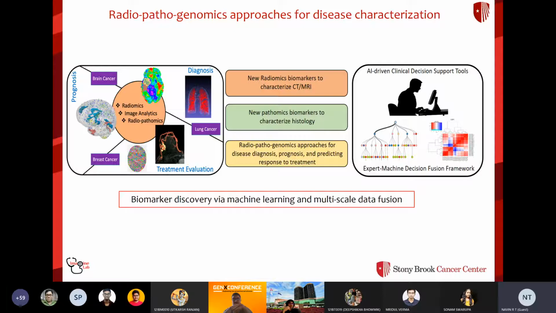Now, these approaches have been developed across domains, including brain, breast, and lung cancer, in the context of disease diagnosis, prognosis, and treatment response evaluation. Now, the research theme of my lab lies at the intersection of machine learning and image analysis, where our focus is on biomarker discovery via machine learning and, more importantly, multi-scale data fusion.